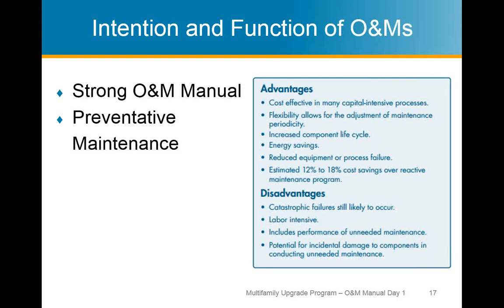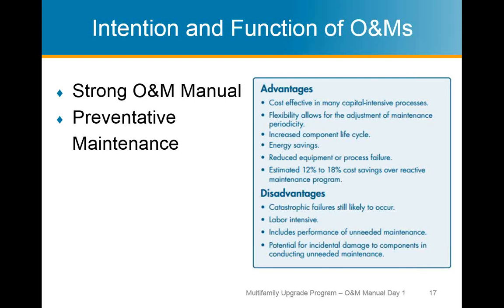We also have increased component life cycles, where we're really squeezing out the efficiency of all of our equipment and building systems. There's energy savings. The utility line item expense in your monthly budget is as low as possible. And reduced equipment or process failure.